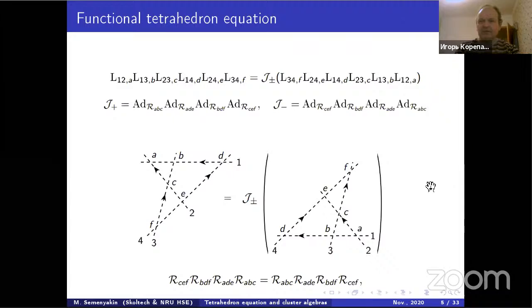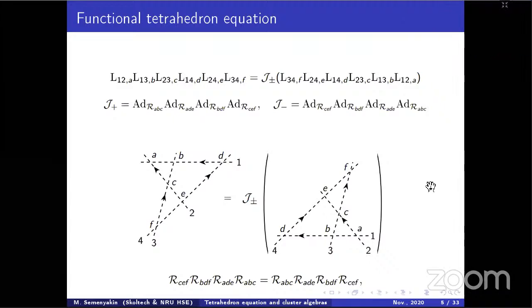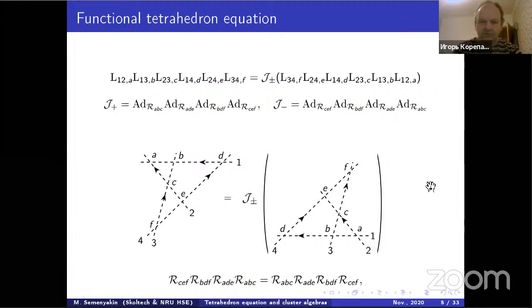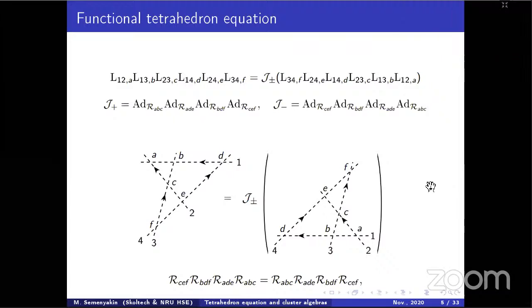And where do the inhomogeneities take values in this case? For the Yang-Baxter equation, inhomogeneity is like a complex number, or maybe it lives on an elliptic curve. But for the tetrahedron, where do inhomogeneities live?